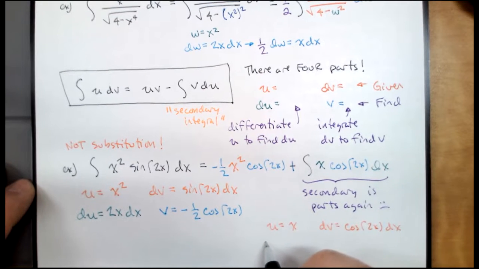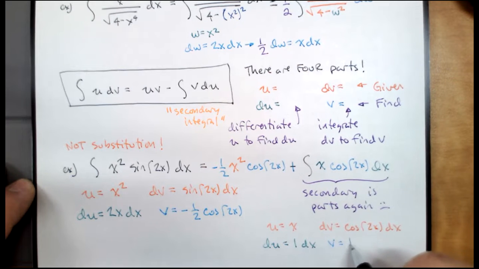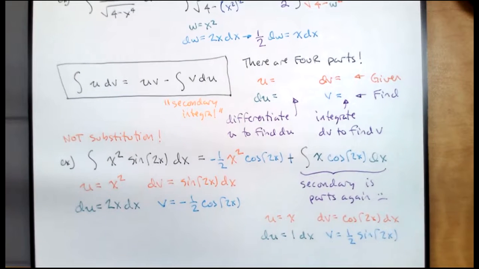We differentiate to find du, and we integrate to find v. Then we put together in the parts formula, not forgetting the stuff that has gone before.